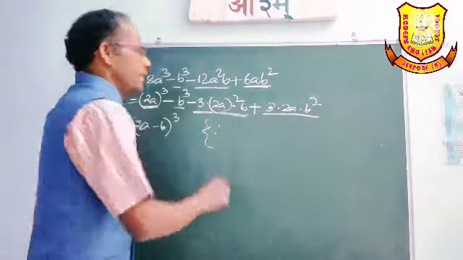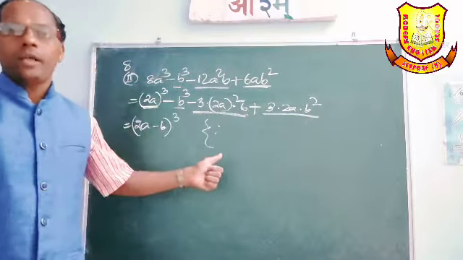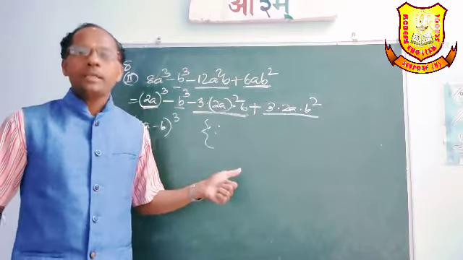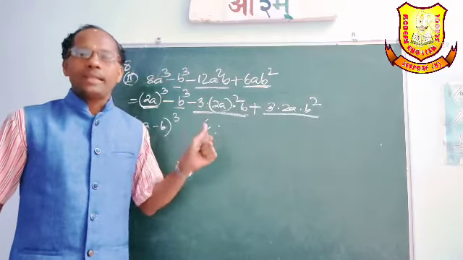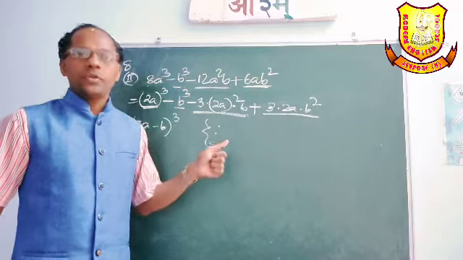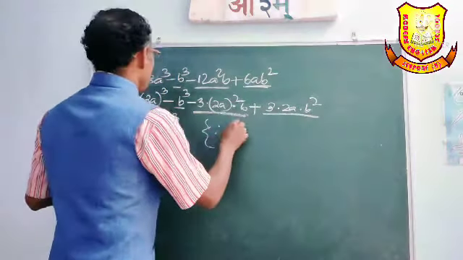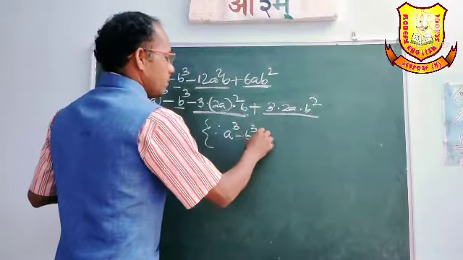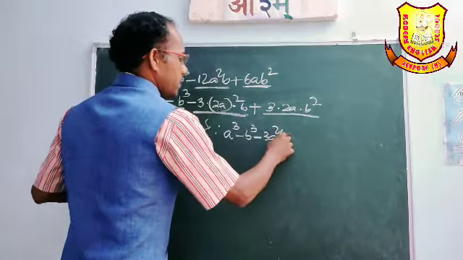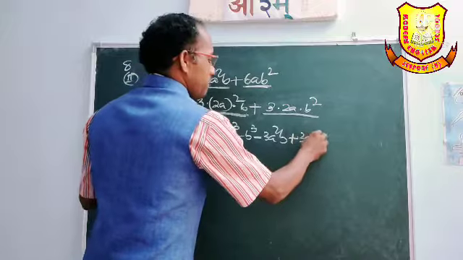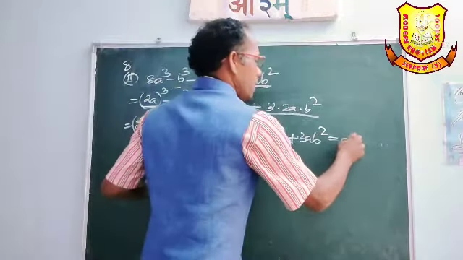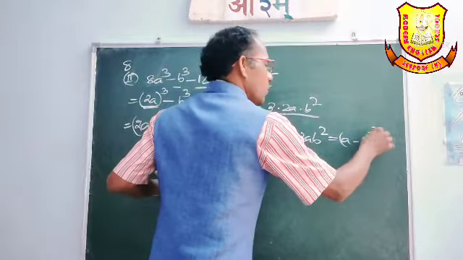As you have to factorize by applying the algebraic identity, you have to write the formula here. The algebraic identity is a cube minus b cube minus 3a square b plus 3ab square equals a minus b whole cube.